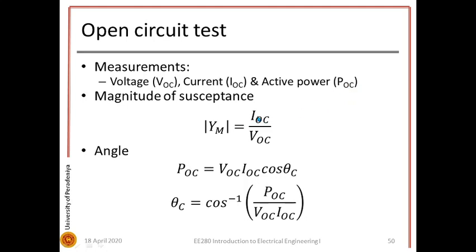If we divide the current IOC by the voltage VOC, then we get the magnitude of the admittance.